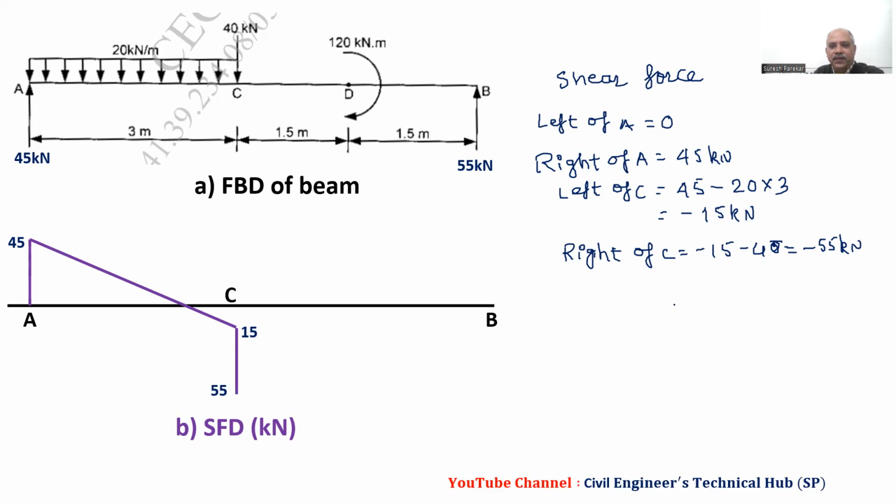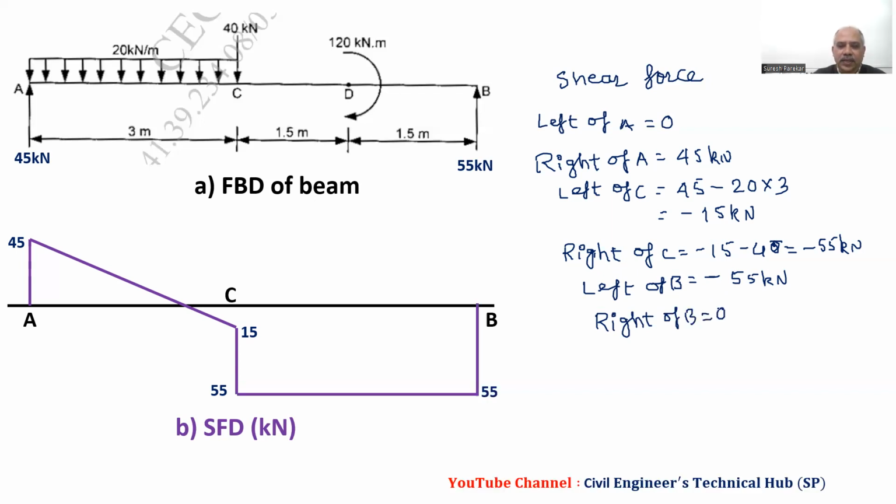So minus 55, then no load between C to D, so directly left of B it will be as it is, no load. And then right of B, it is 0. Now you can see this: when we have x to the power 0 in the UDL, we will get x to the power 1 in the SFD. Here we do not have any load, so it will start from 0.